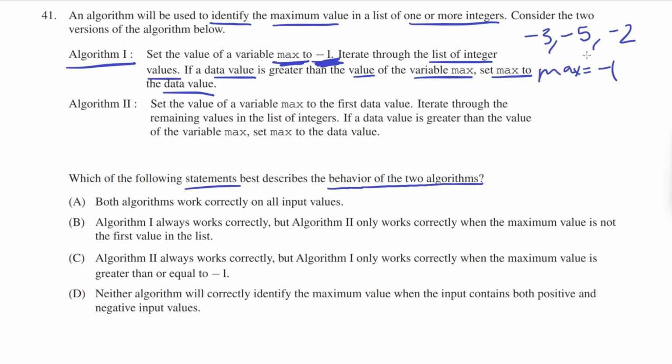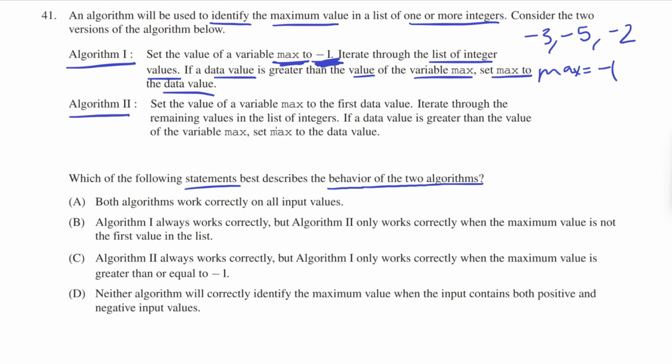So algorithm 1 only works when the maximum number in the list is greater than or equal to -1, because that will result in max changing, or in the case that the maximum is -1, this algorithm will still return just -1. So algorithm 1 has some bugs, so it's not going to work correctly every time.